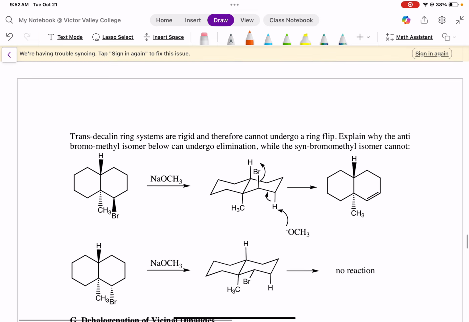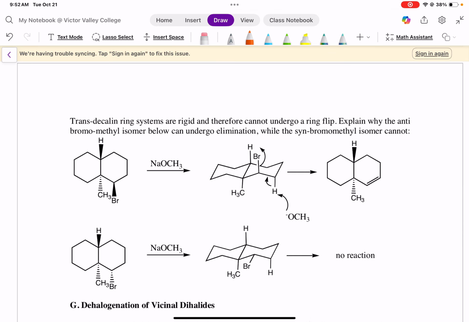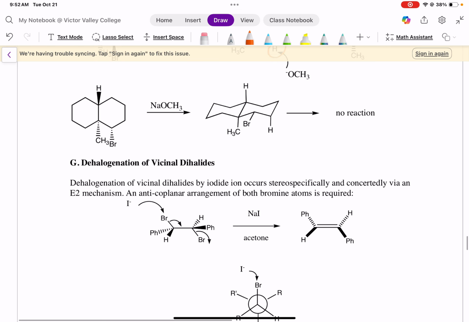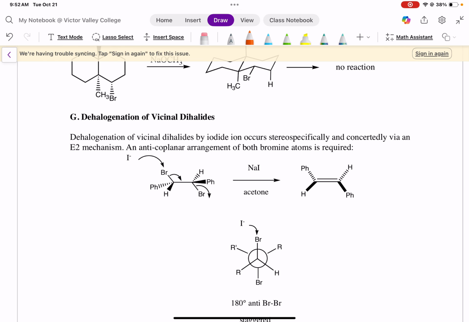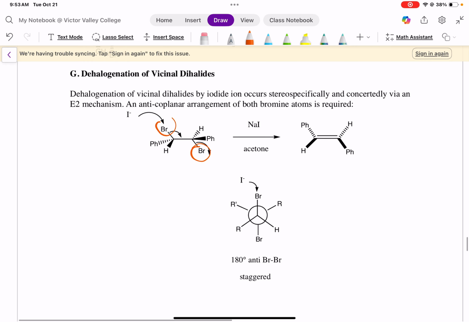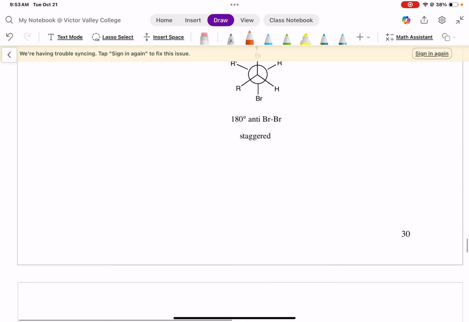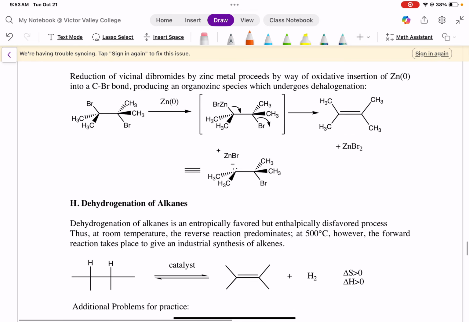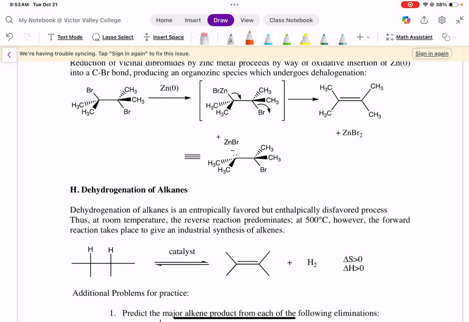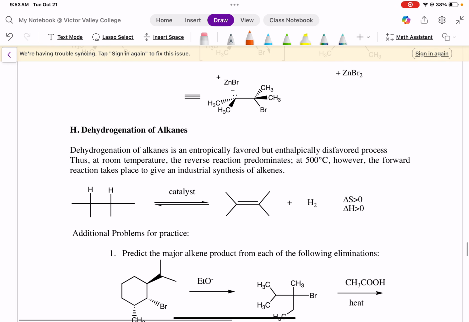A couple more examples here for you to look at. They have to be opposite. And then finally, we don't have to eliminate hydrogen. We can eliminate two bromines to form the double bond, as long as they are anti. And there are a couple other reactions, like with zinc, and dehydrogenation with a catalyst.